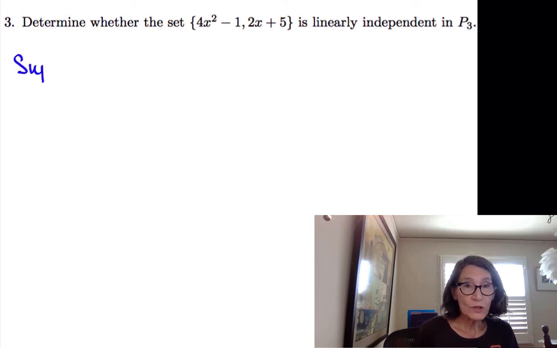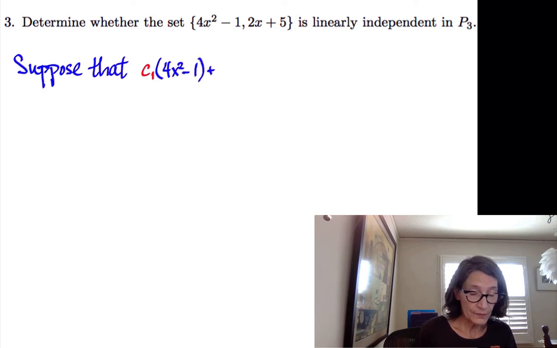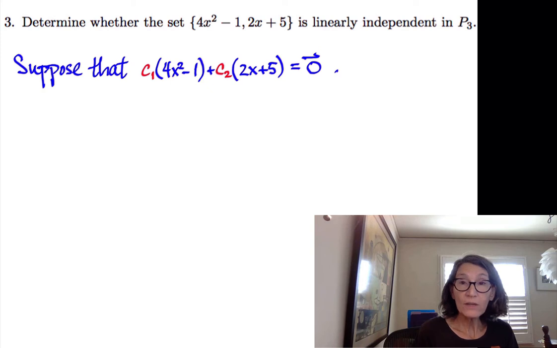So what we do is we suppose that there's a linear combination of these two vectors. A linear combination is a sum of scalar multiples of the vectors in the set. And we assume there's a linear combination that will give us the zero vector in that vector space. And remember what that symbol means.